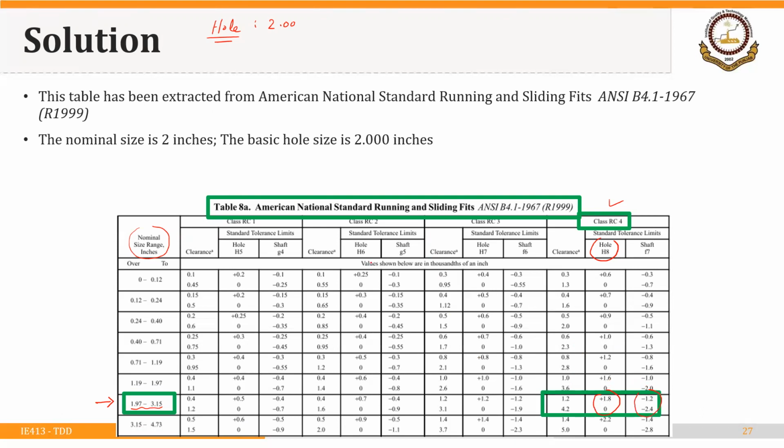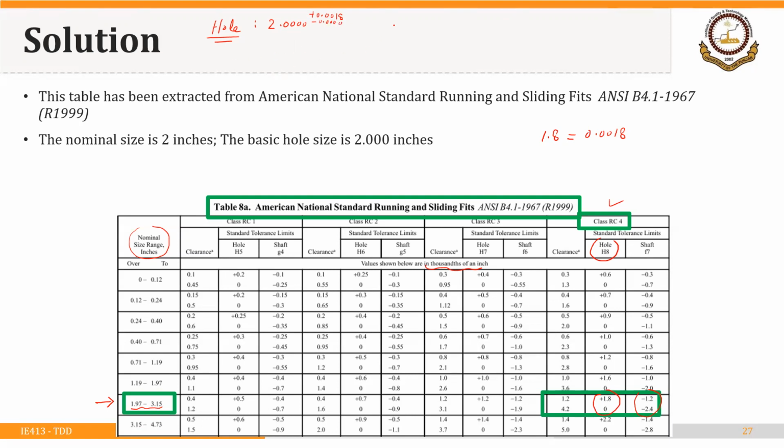These values are in thousandths of an inch. For example, 1.8 means 1.8 divided by 1000, that is 0.0018. So the limit applied to the hole will be 2.000 plus 0.0018 and minus 0, because we are having a unilateral system.